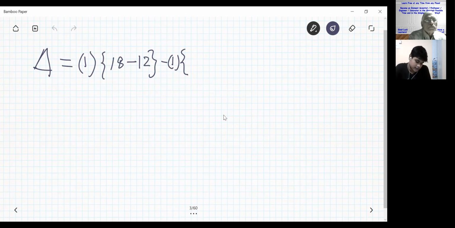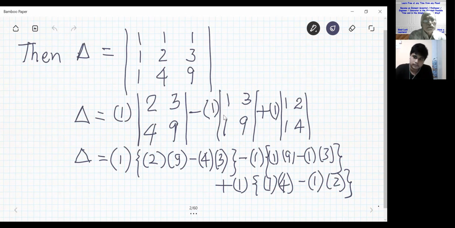Sir, in the second problem, minus 1, 1, 1, 3, 9, sir. Sir, I have a doubt. 1 1 3 9 for the second one, correct? Delta is equal to 1 into 9 minus 1 into 3, sir. Correct. We will expand it as 9 minus 3. 6 will come.